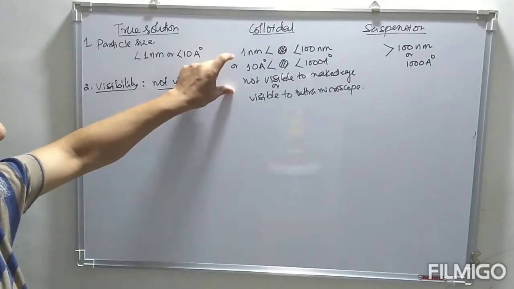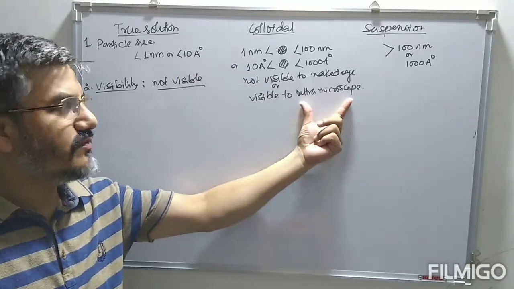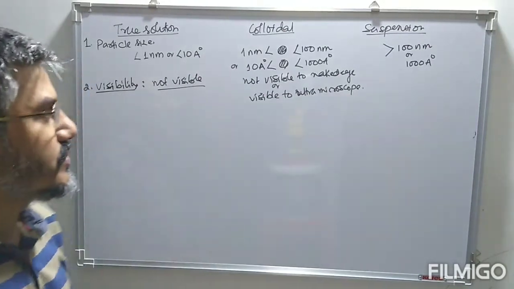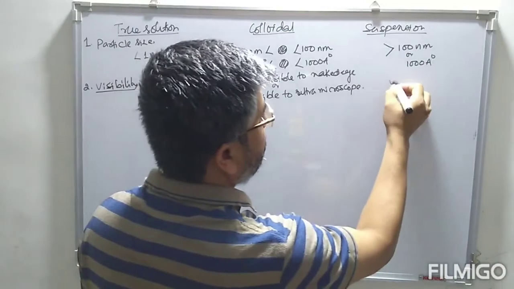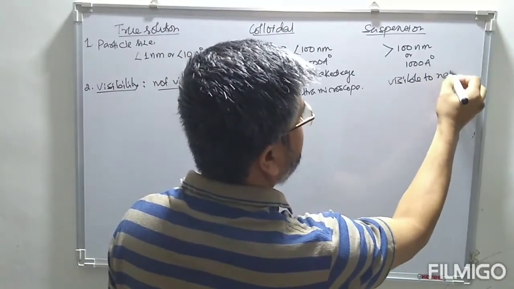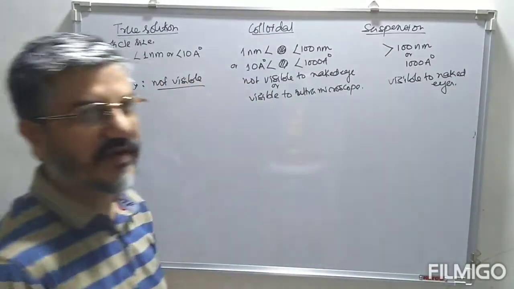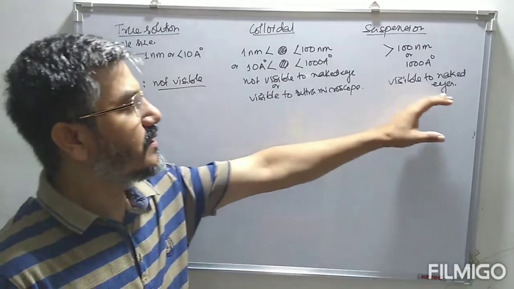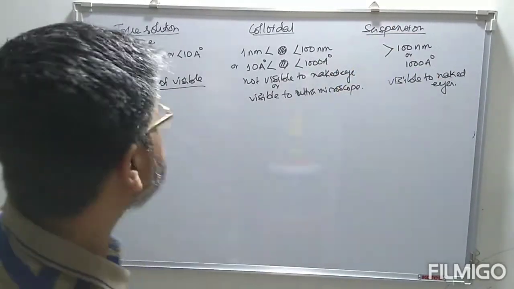These particles cannot be observed with naked eyes, but they can be easily identified by use of an ultramicroscope. In a suspension, the particles are visible to naked eyes. Yes, we can easily identify the particles with our naked eyes. So this forms a suspension.